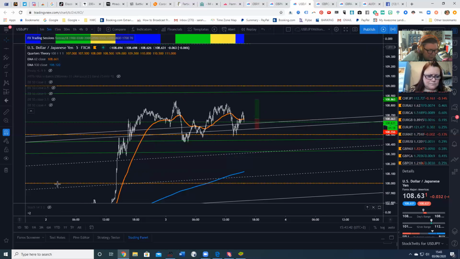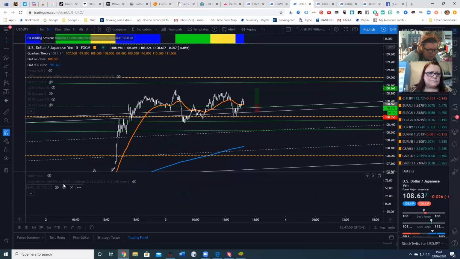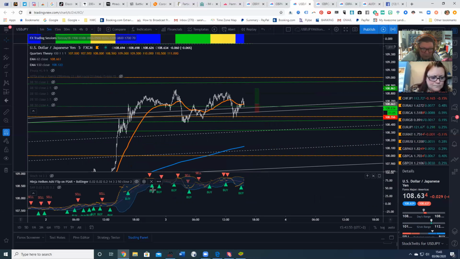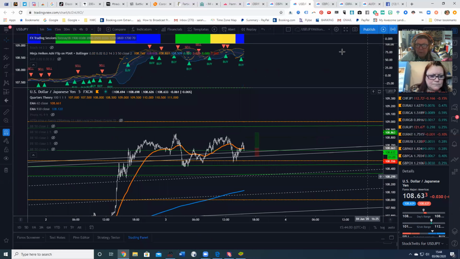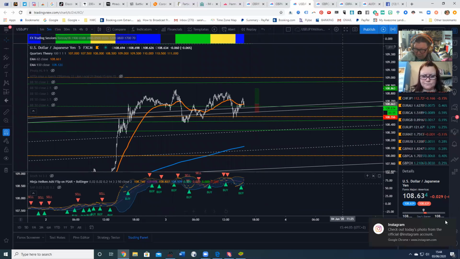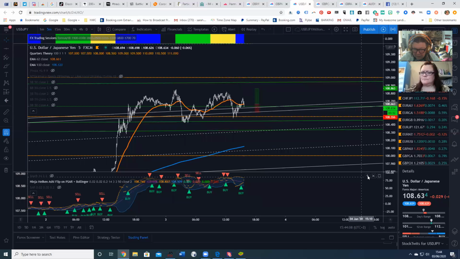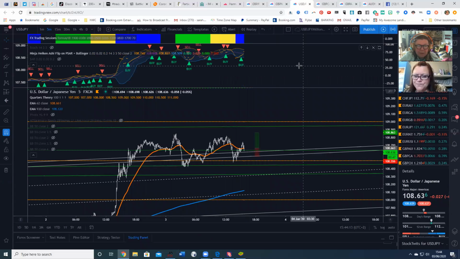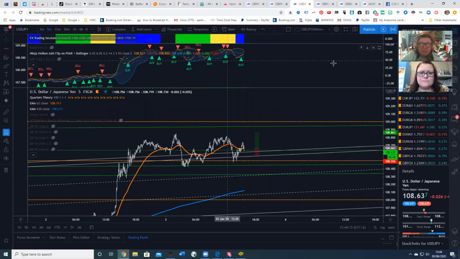indicator. If not, let's see, Bollinger. What does that do? So now I need to move that up. No. Move pane up. Trying to get it on my maximize.